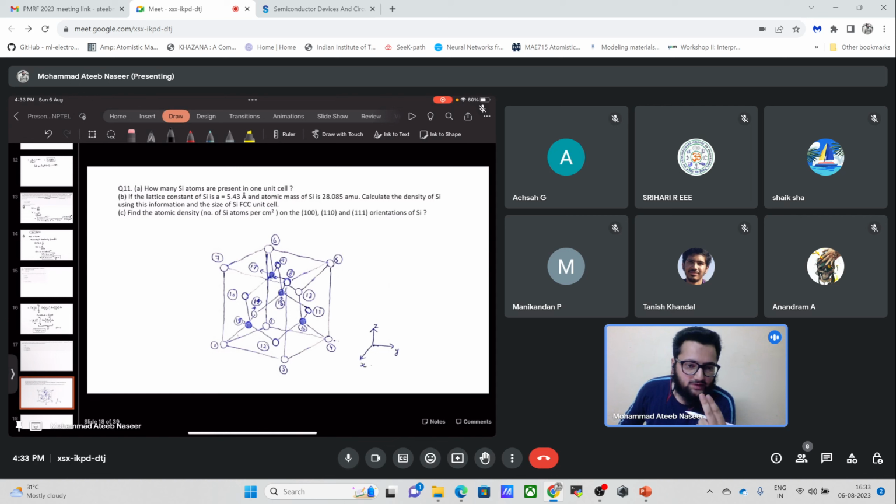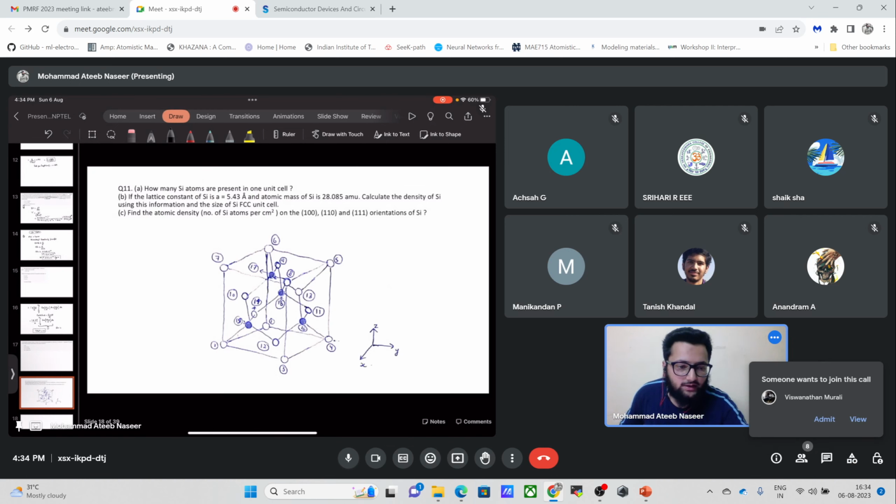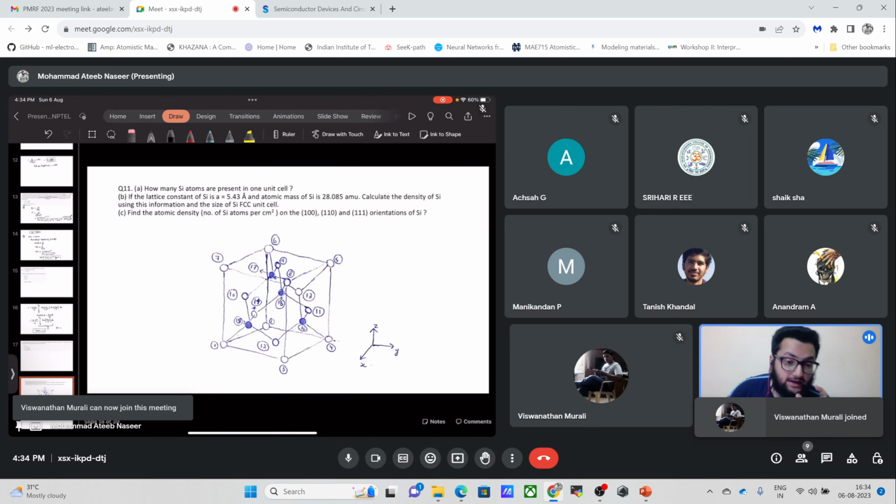Basically, silicon consists of two interpenetrating FCC unit cells, with one FCC unit cell displaced from the other by a quarter distance in the x direction, y direction, and z direction. So what you are seeing is two interpenetrating FCC unit cells in the case of silicon.